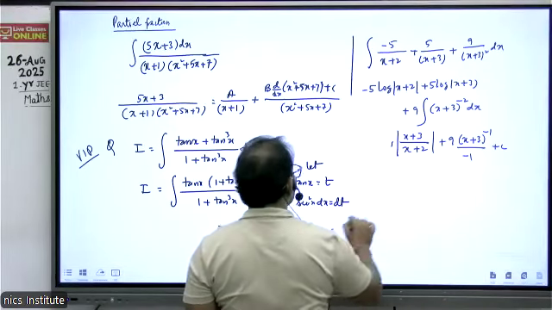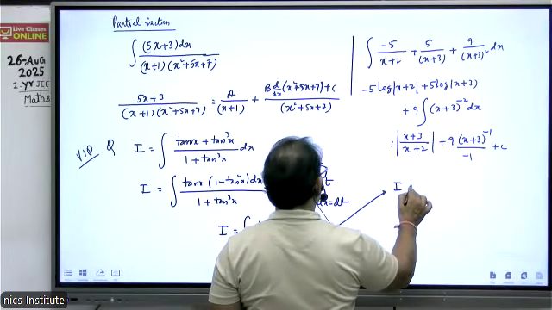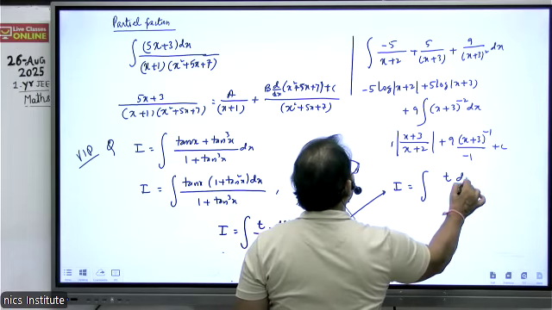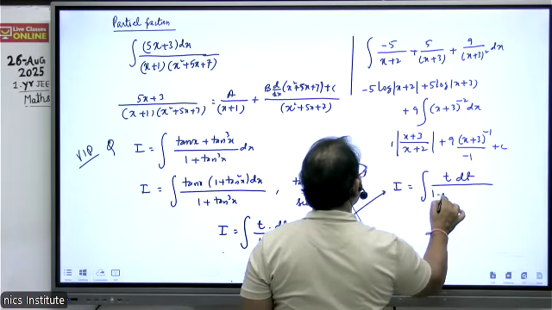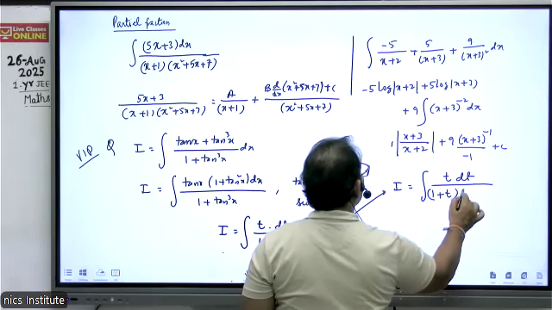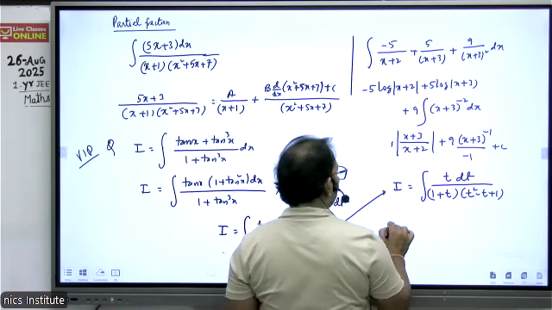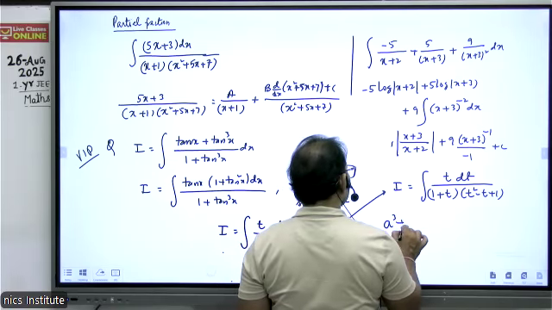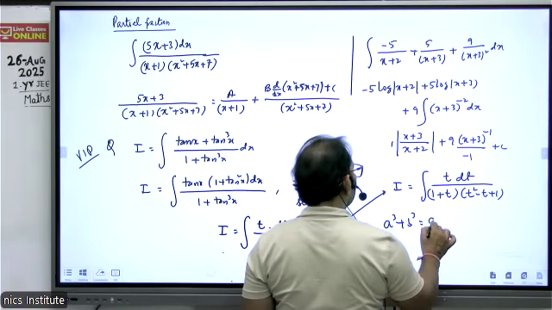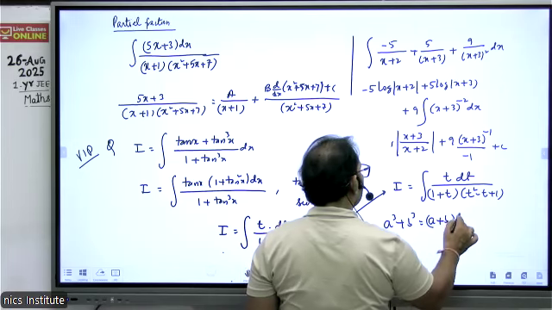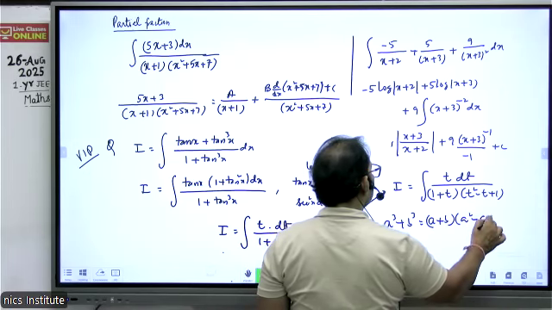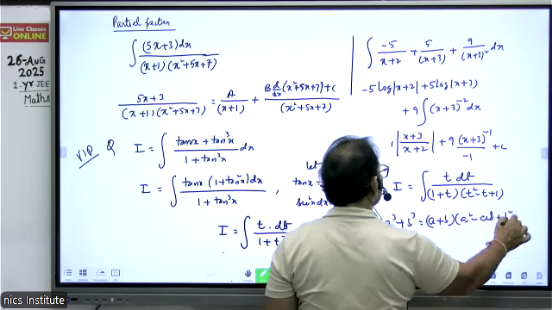So this question is now t dt divided by 1 plus t square minus t plus 1. So we have used a cube plus b cube is equal to a plus b into a square minus ab plus b square.